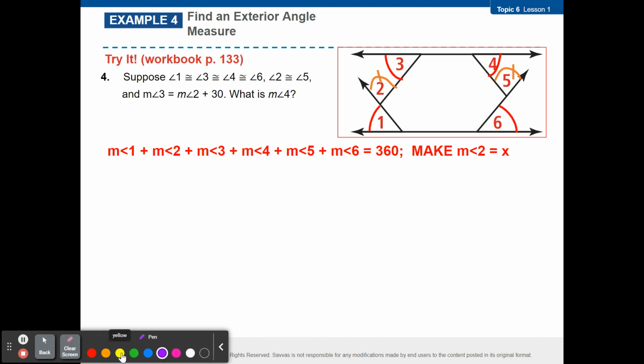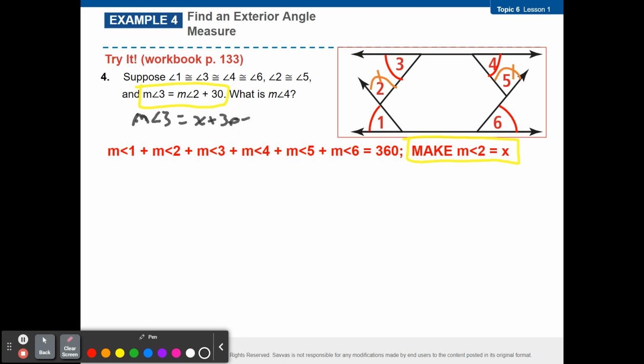One thing that is important that I do here, though, is I've got to make the measure of angle 2 equal to x, because everything is based off of that. So what this means is that the measure of angle 3 is going to equal x plus 30.